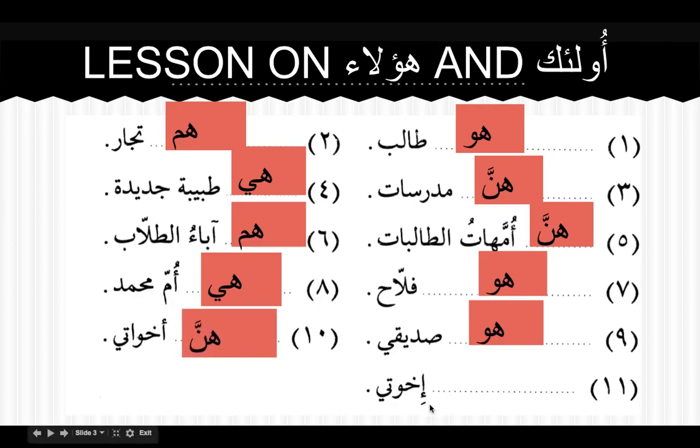And ikhwatun, this is actually ta marbuta, because of becoming mudaf it is opened up, and ya mutakallim mudaf ilayhi. Say hum ikhwati, they are my brothers. This is how we use the pronouns. So whenever a name of the noun is mentioned, we use huwa, hum, hiya, hunna, third person.